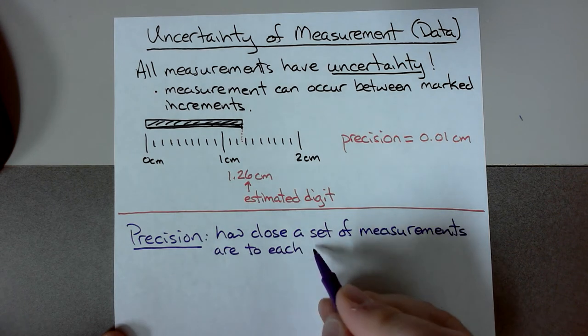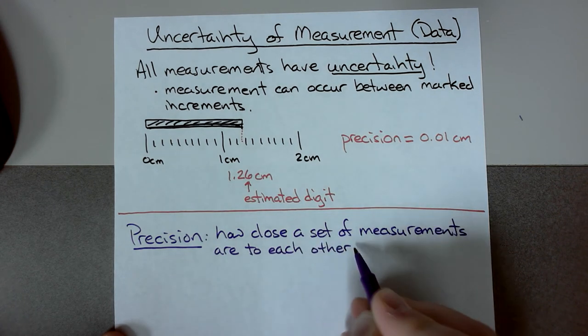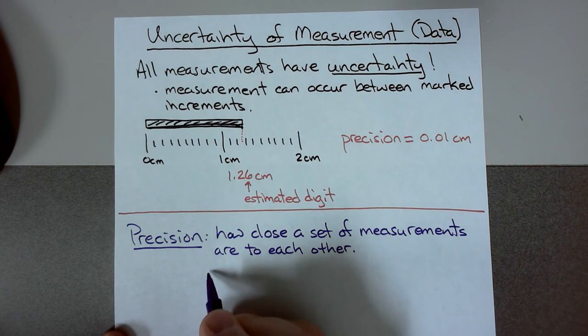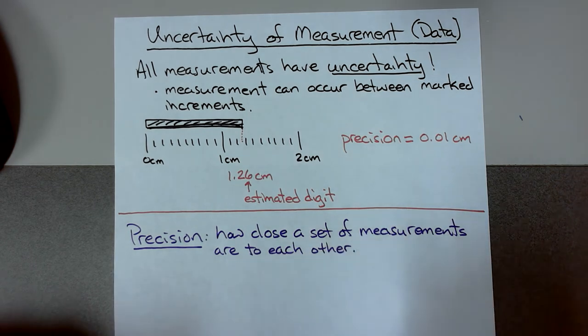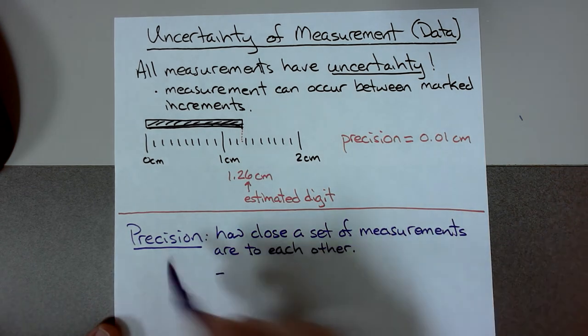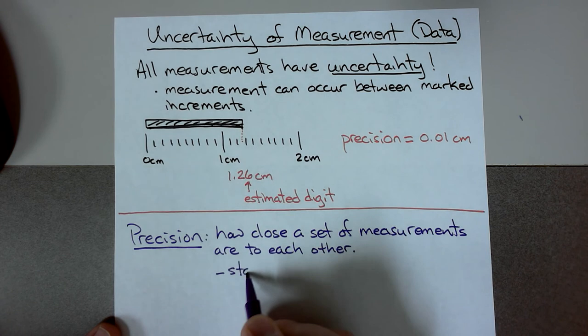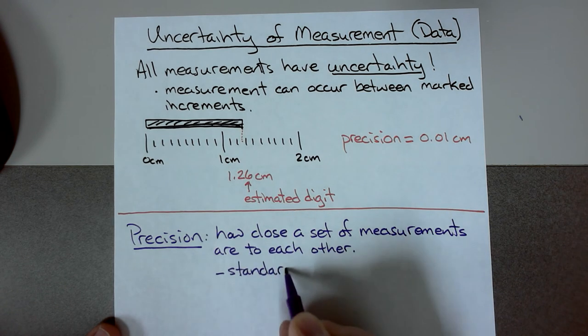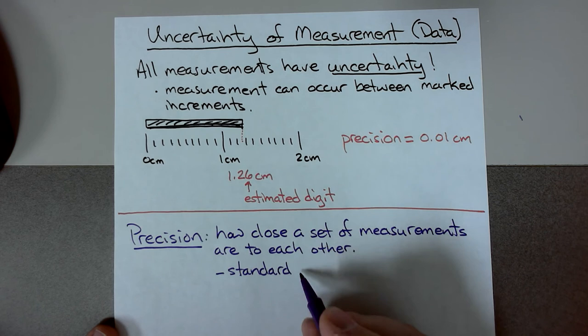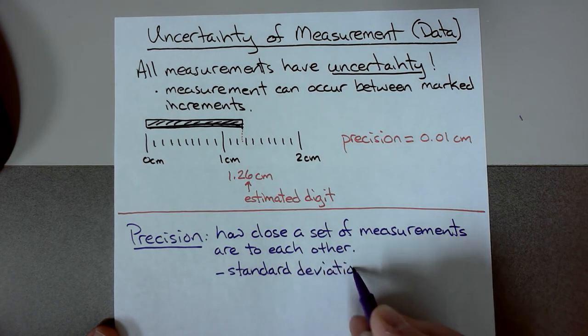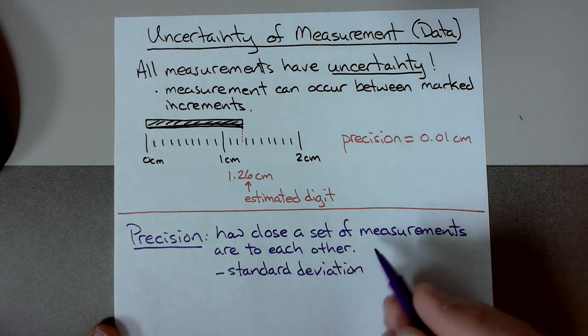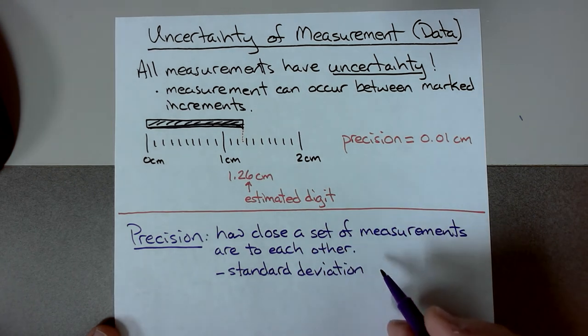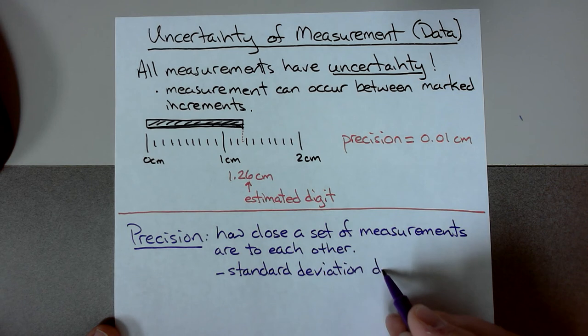And I will show you examples of that in just a minute. But we use standard deviation to determine precision. Now, standard deviation is a statistical problem, and we will not actually be determining standard deviations in this class, but you have to understand that that's how we determine precision.